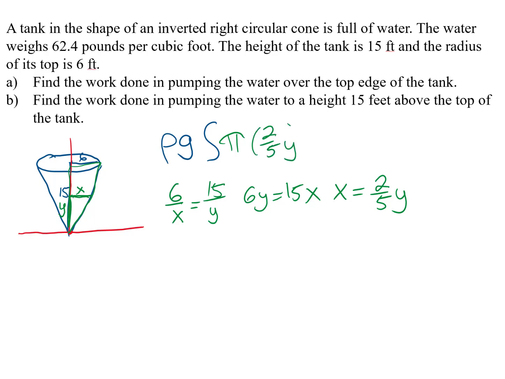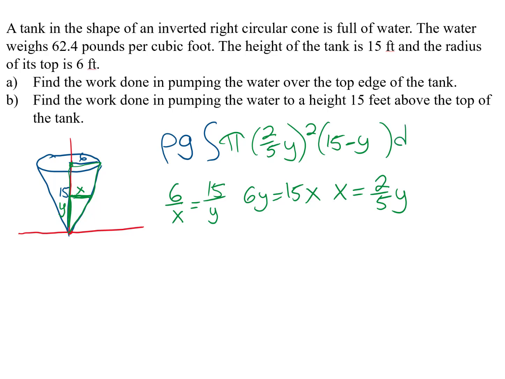So we need 2/5 y squared. And then we need the distance that we're going to pump. We're going to the top of the tank here. So to the top of the tank is 15, and then we're going to subtract y, because wherever our slice is, we don't have to pump that water below it, which is y.